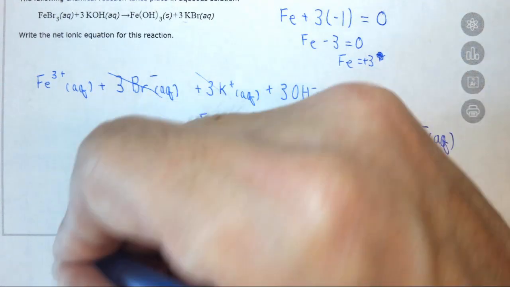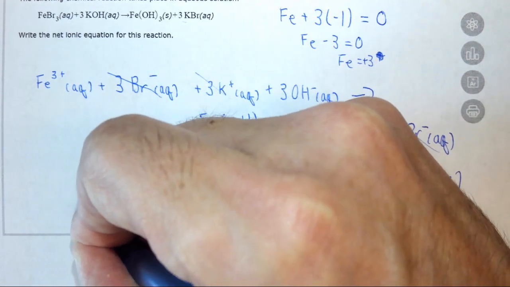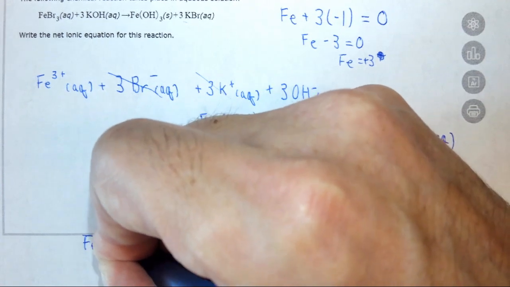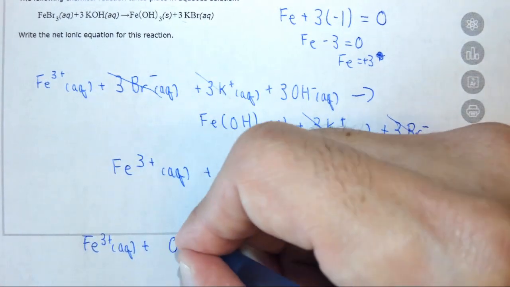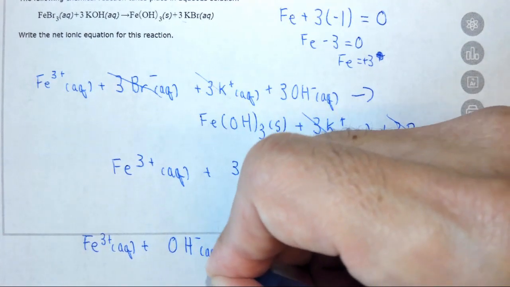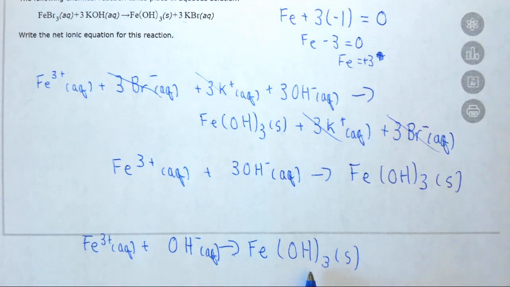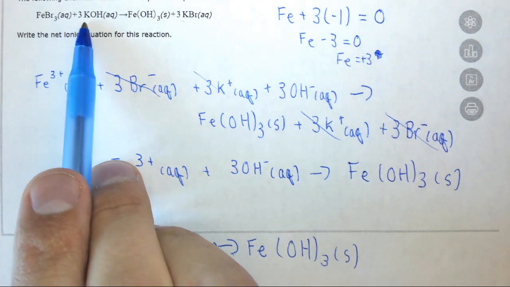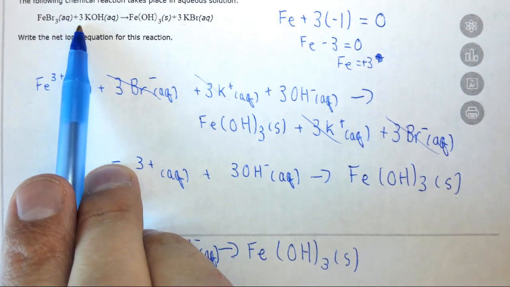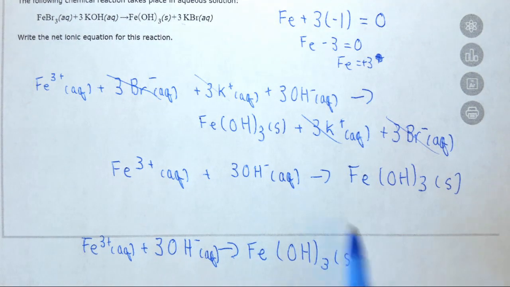Well, the first one is Fe3+ aqueous and OH- aqueous. But because it's FeOH3, we need 3OH-, and since the original equation was balanced, we do have the 3OH-. Notice these are the exact same answer, I just did them a little bit differently.